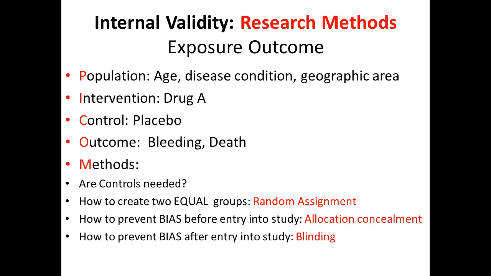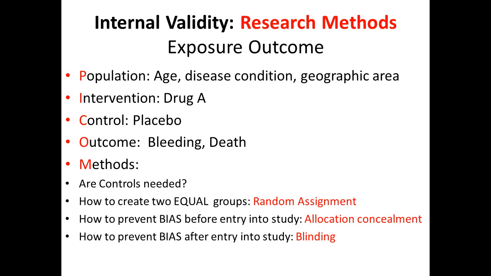So first we have to decide, are controls needed, right? Second, if the controls are needed, we have to create two equal groups. Now, we create two equal groups by randomly assigning a large population of patients to two groups.